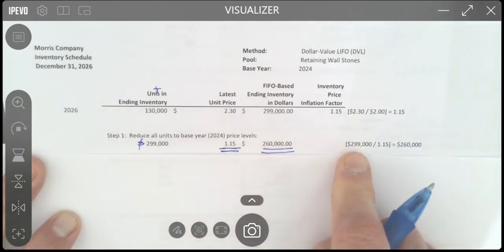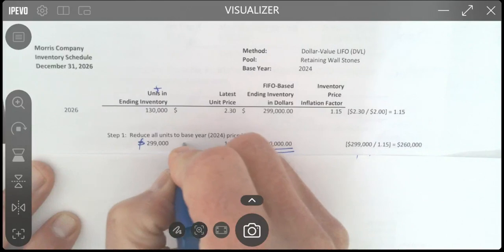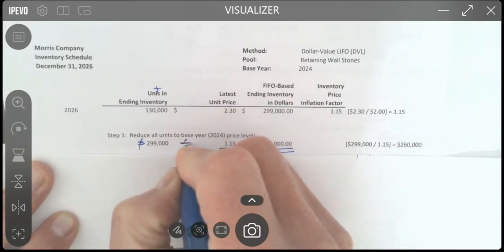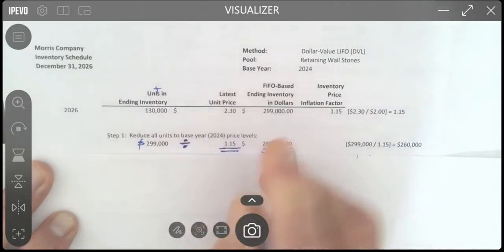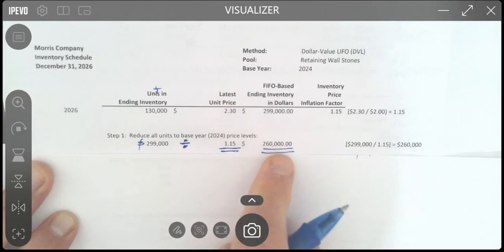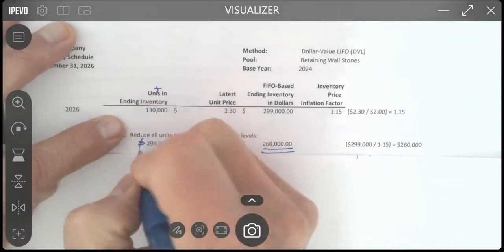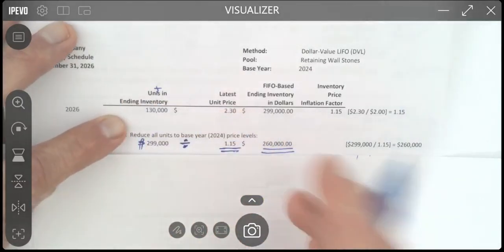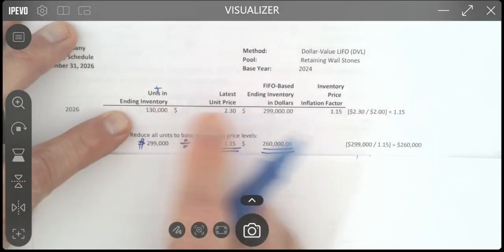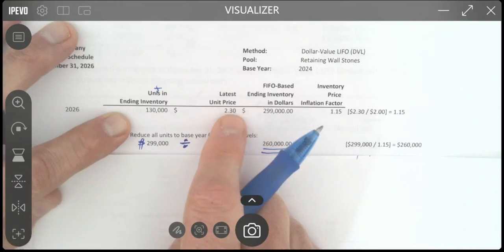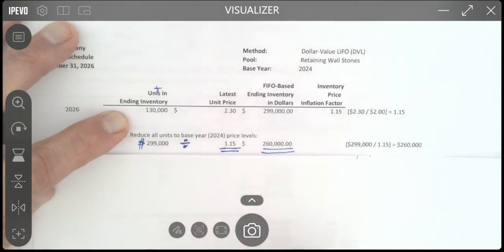But the calculation is that 299,000 divided by 1.15. I'm just showing that the number makes sense because it was such round numbers. Well, 130,000 at base year price of 2 is 260,000.